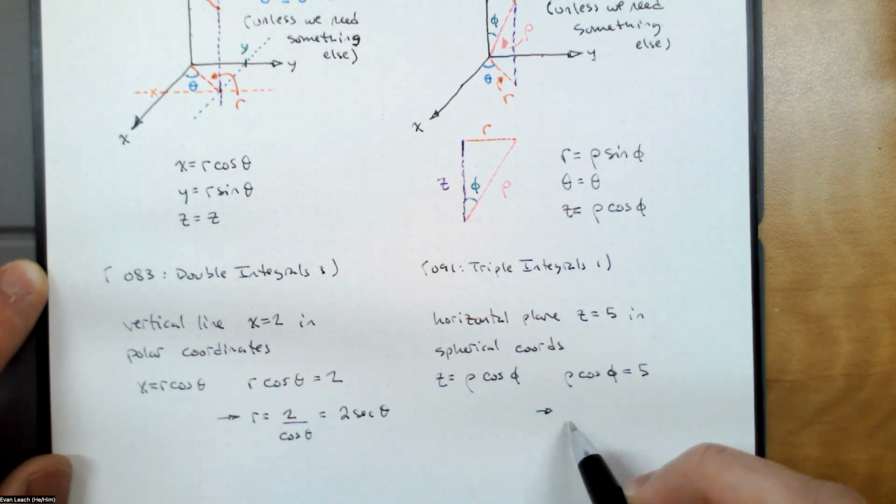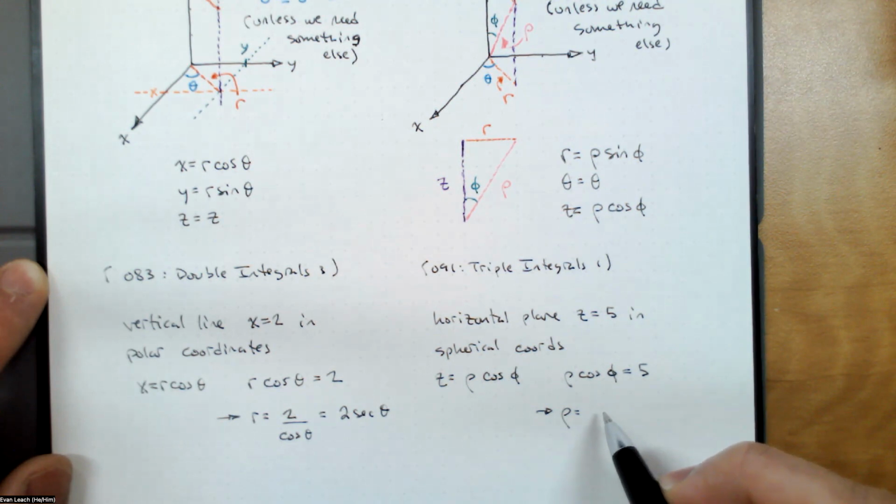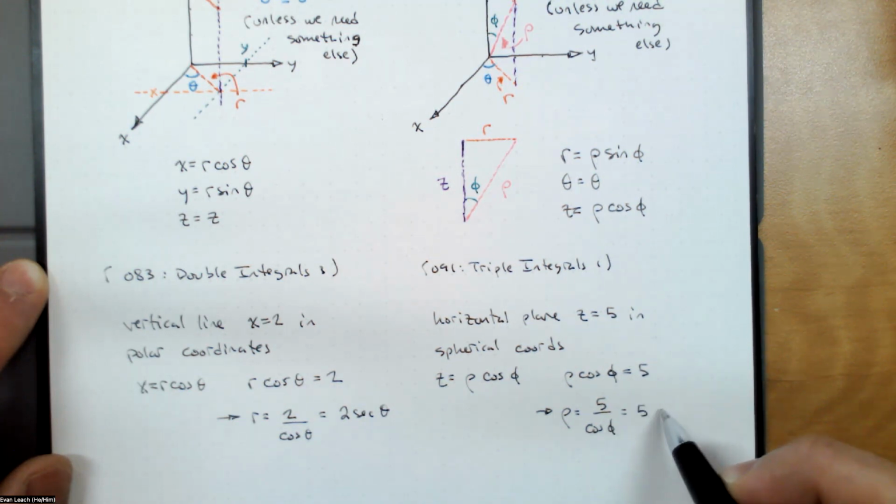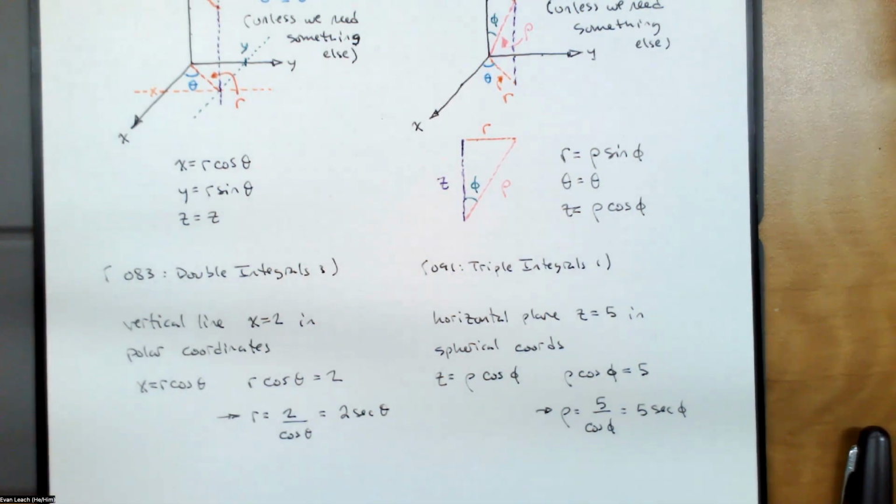And so we could solve for rho as 5 over cosine phi, or we could say rho is 5 secant of phi. So rho equals 5 secant phi will give us a horizontal plane at z equals 5.